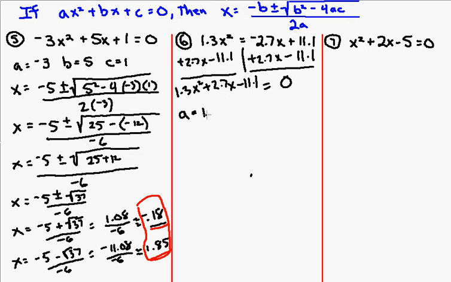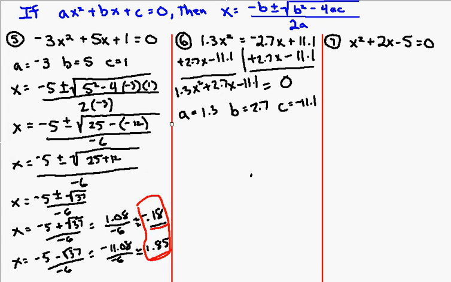So my a is going to be 1.3, my b is going to be 2.7, and my c is equal to negative 11.1.